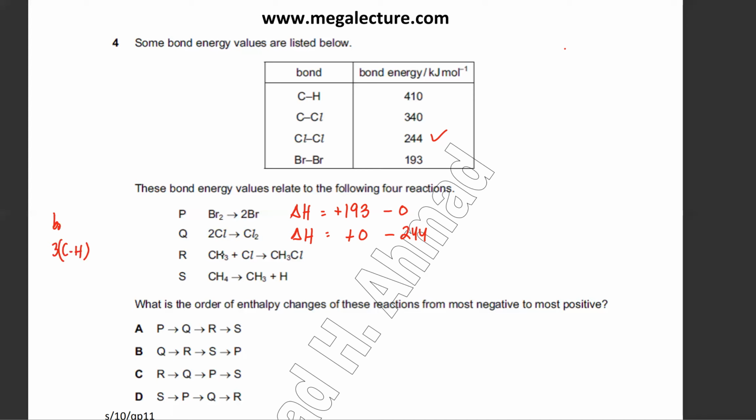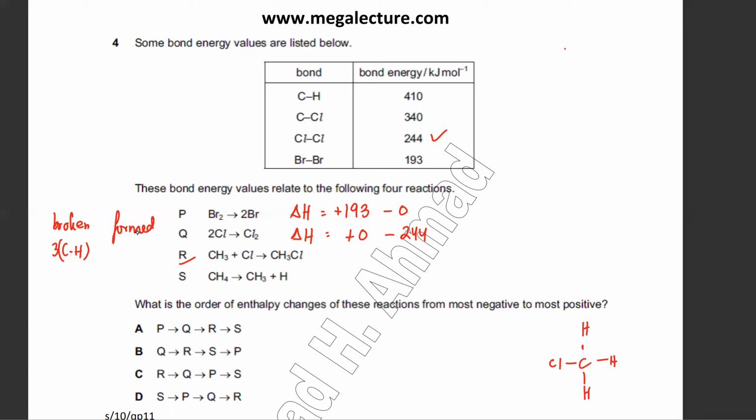I'm talking about R over here. So you've got these 3 C–H bonds that need to be broken. And how many bonds need to be formed? It's CH3Cl. You should know what the structure is. CH3Cl looks like this.